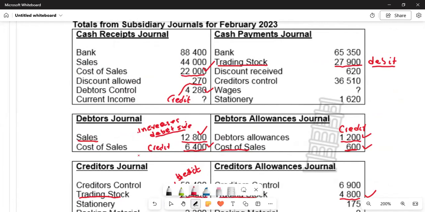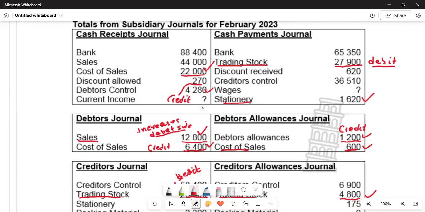Let's look at the bank from cash payment journal. Here is our stationery.